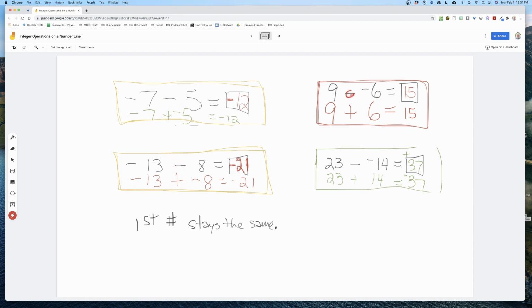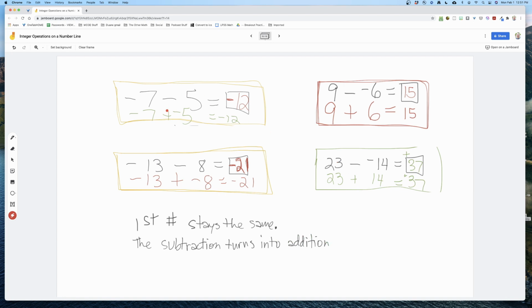So in every single case, the minus becomes a plus. So the subtraction turns into addition every single time.